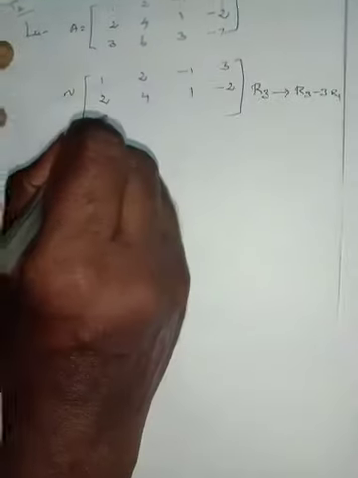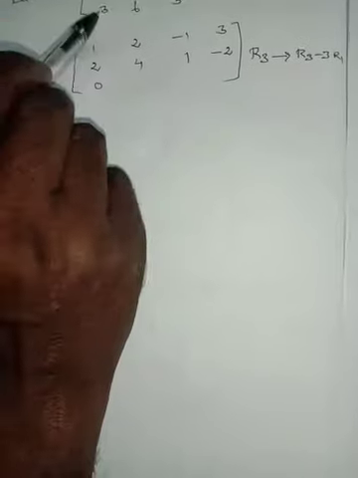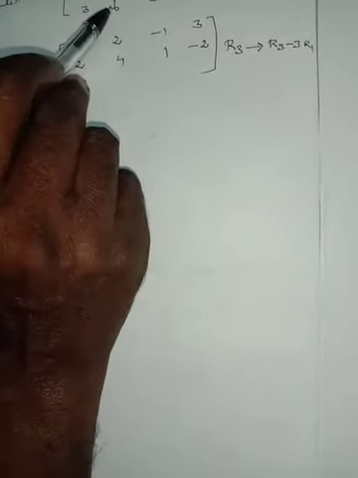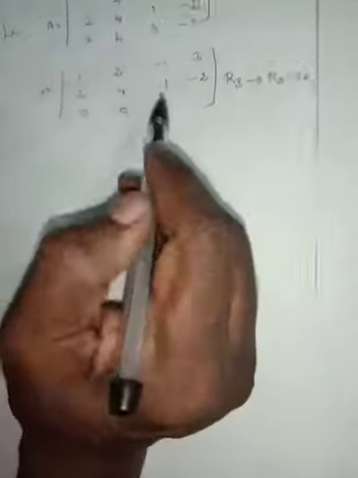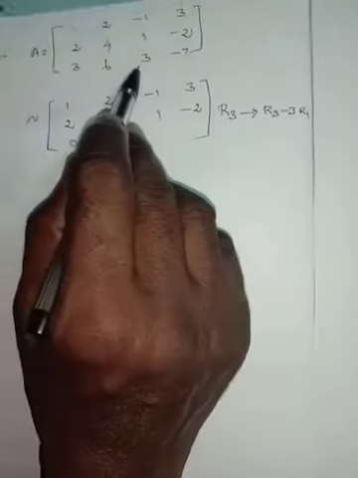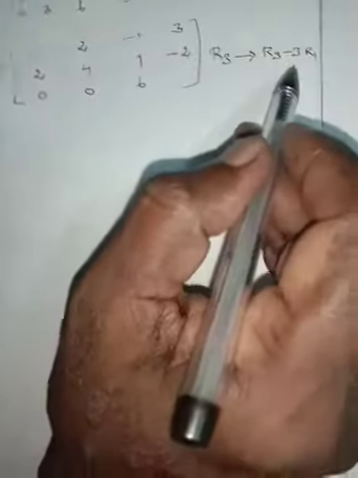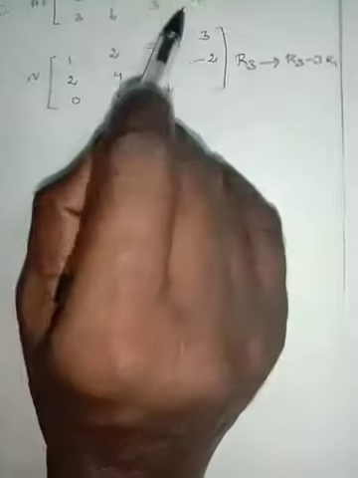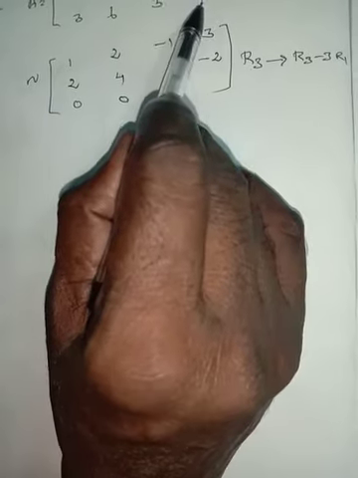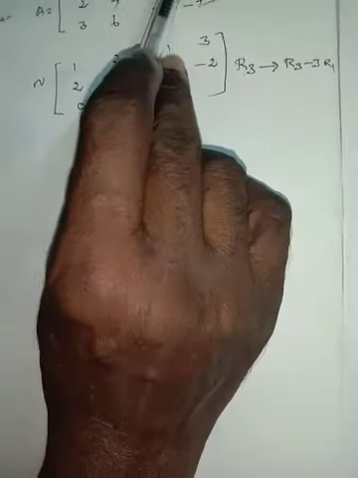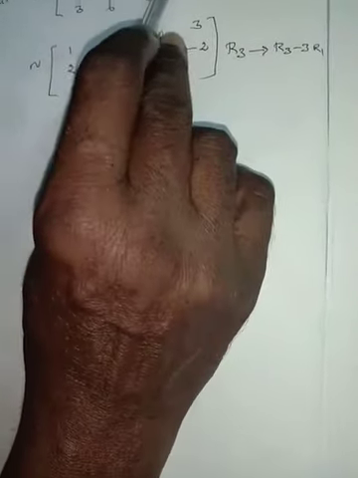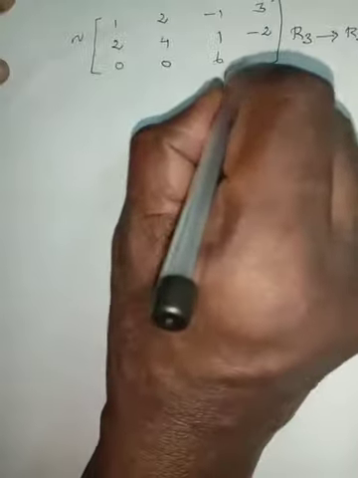So, first, 3 minus 3 is 0. Second, 6 minus 6 is 0. Next, 3 minus of minus 3 is 6. Next, 9 here, minus 7 minus 9 is minus 16.